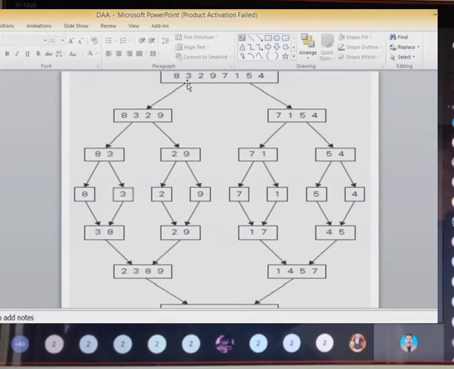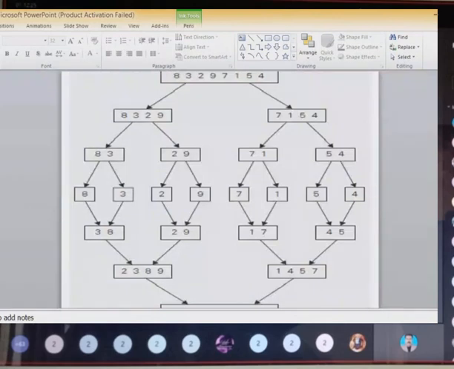The next step is combine, conquer. Now sort 3 and 8, that is 3, 8. Sort 2, 9. Sort 7 and 1, sorted is 1, 7. Sort 5 and 4, sorted is 4, 5. Next, again sort 3829 into 2389, and 1745 into 1457.